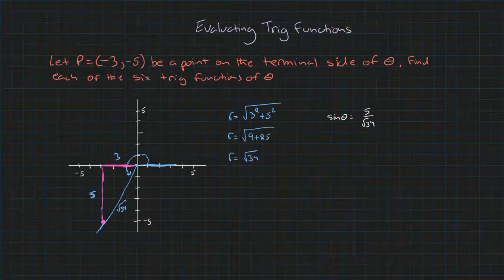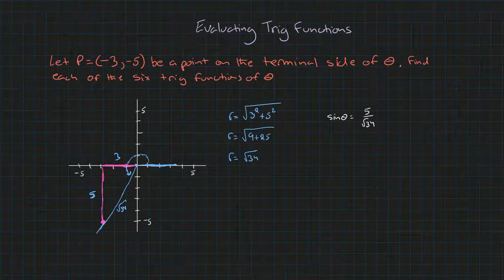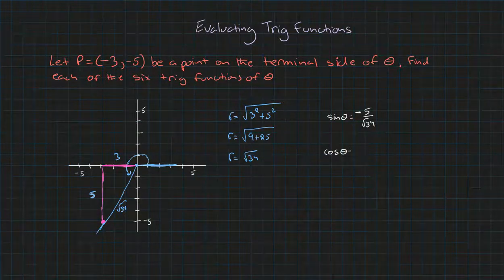You have to pay attention to what quadrant your point is in. In this case, it's sitting in the third quadrant, so the value of this 5 is negative. It was (-5, -3), so you have to make sure you put this as a -5. Do not forget about the negative sign. So cosine of theta is going to be -3 over root 34.